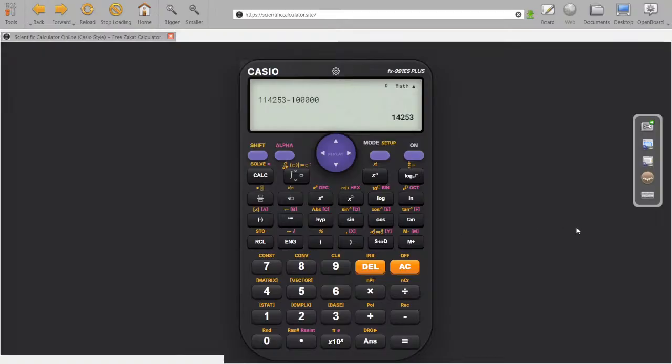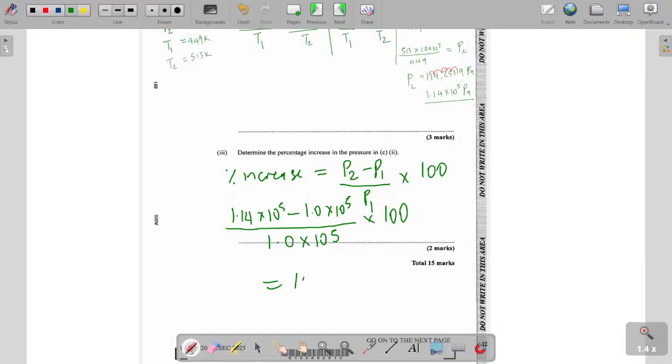That leaves us with that answer, and we divide that by 100,000, and then we multiply that by 100, and that means our answer is 14.25%. So that's the percentage increase that we observed.